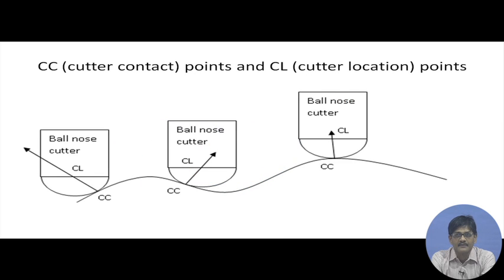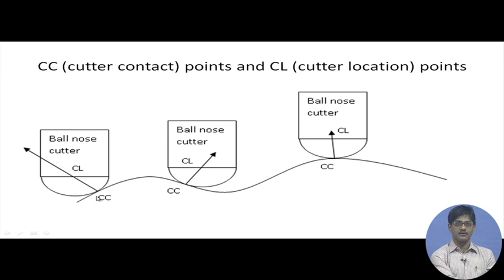figure will make it clear. First of all, we are differentiating between two types of points in connection with 3-axis machining. That is, if we have a ball ended milling cutter in connection with the surface, the point at which it connects to the surface, the point of touch or contact, is called the cutter contact point, CC point.